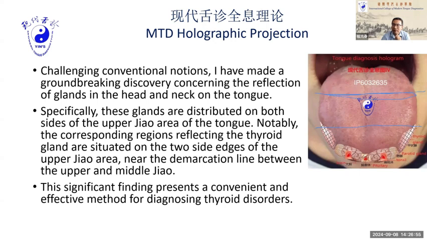Okay, this is the upper and middle jaw, this demarcation line. And just after that is the thyroid gland. This is the parotid gland, this is the tonsil, this is the pituitary gland, and this is the brain.